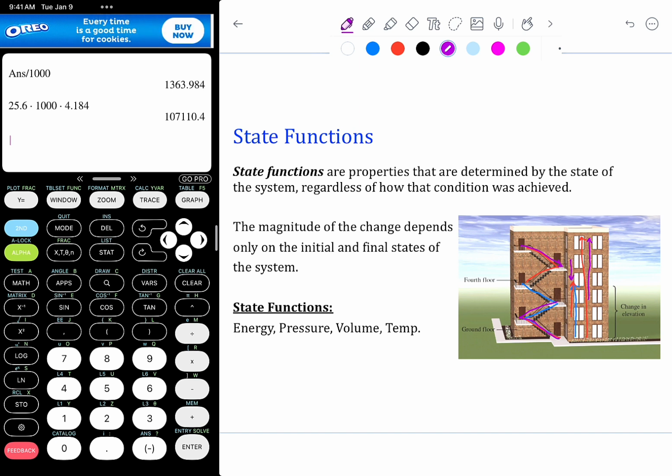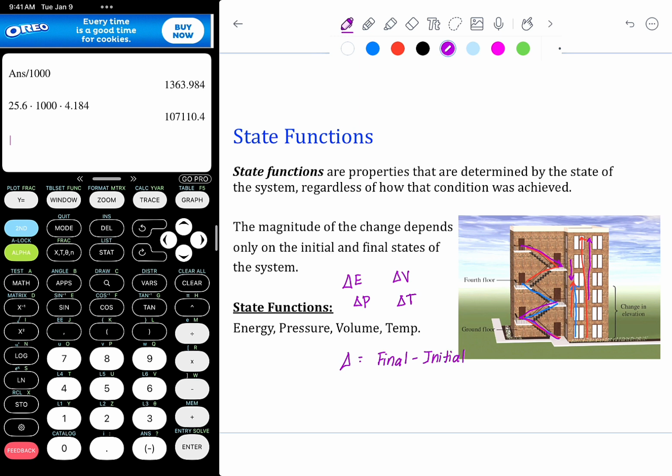And we often show state functions as having a delta. So delta E for energy, delta P for pressure, delta V for volume, delta T for temperature. Okay, whenever we see that delta, all we're doing is taking final minus initial.